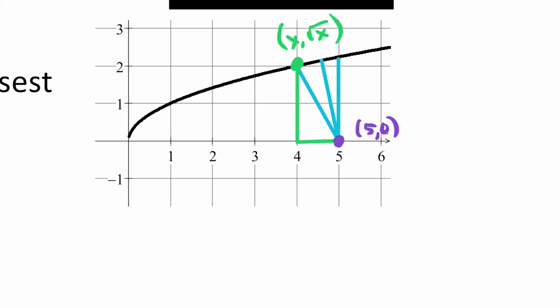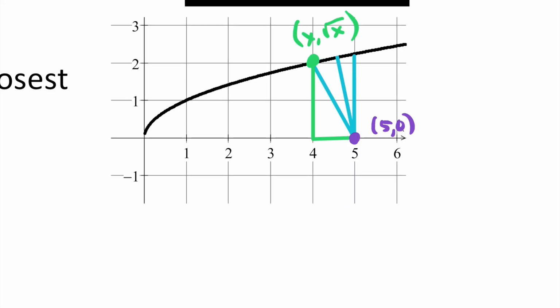That one's straightforward, it's numeric, and it's pretty easy to work with. One of these that I drew is probably closest to the 5-0 point that we're looking for.